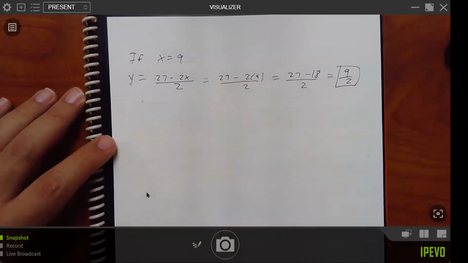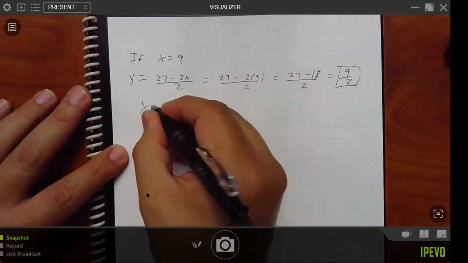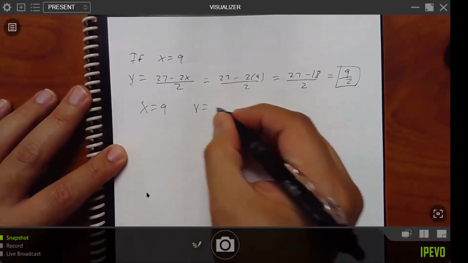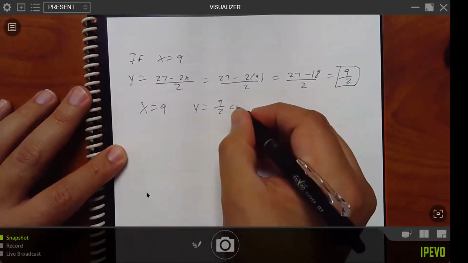So our answer will be x equals 9, y equals 9 halves.